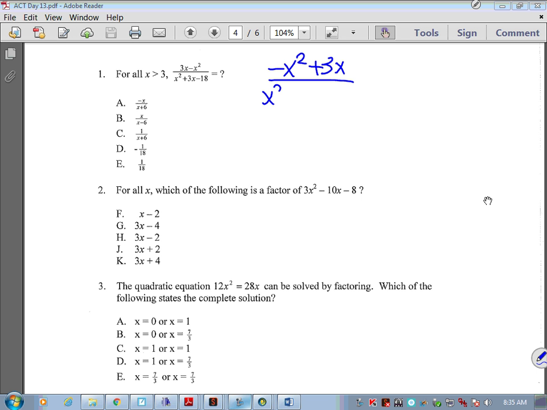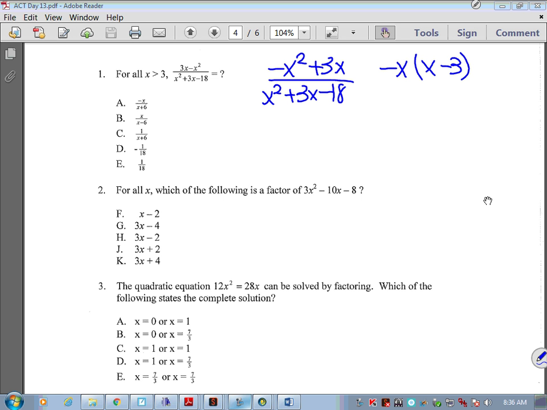Okay? All right. So let's look at the top. What can I factor out of the top? I would factor out a negative x. So let's take a negative x out of that, and that's going to leave me with x minus 3, right?